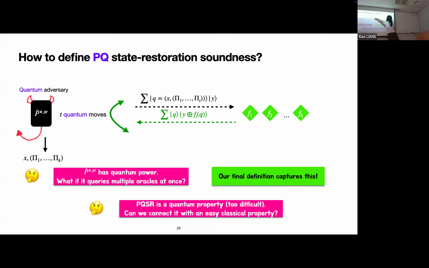It seems that you're only making a superpositional query such that they're all to the ith oracle, but it could be a sum where maybe the first query is x comma pi 1, so it's to the f1 oracle, and then you have x comma pi 1 and pi 2, so it's to the second oracle. So it could be a superpositional query to multiple oracles at the same time.